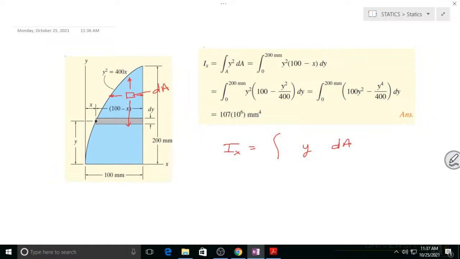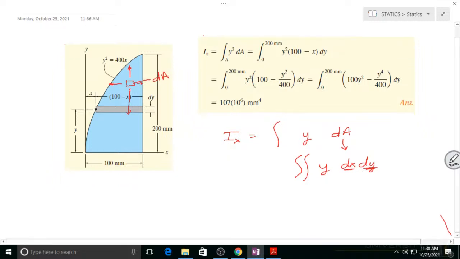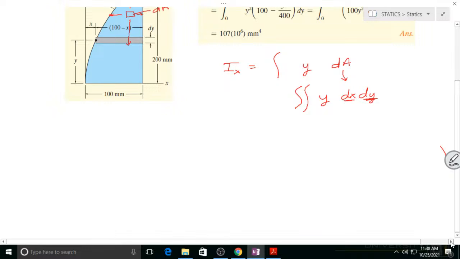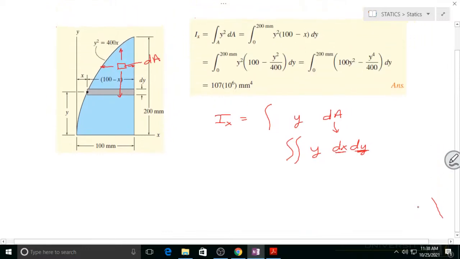So your dA can translate into something like that. Now the question is, which one do you do first? And that, okay, depends on how your limits are going.